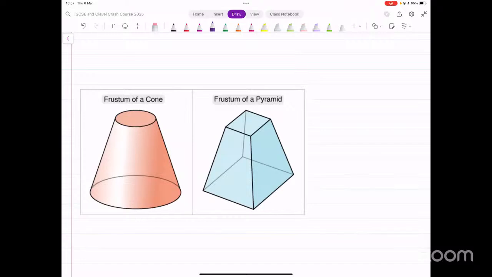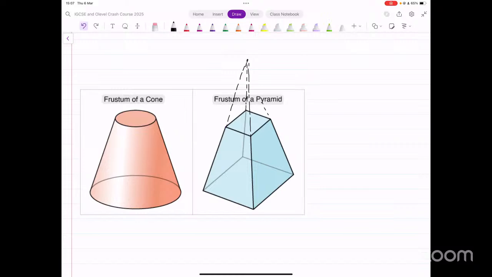Another kind of frustum that you would see would be from a pyramid. That's something that can also happen. In this case as well, if you were to extend all of these sides, all of these 4 sides that you have, they will all meet at one point like this.